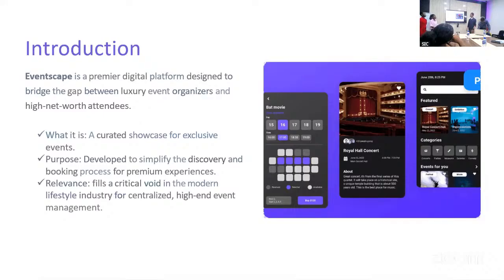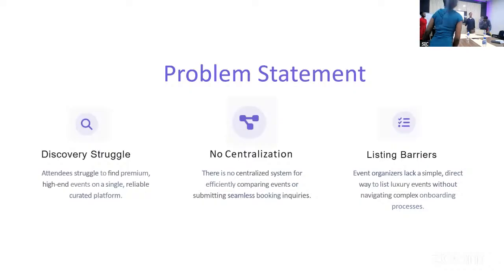Our user experience simplifies discovering and booking events. You don't need somebody to teach you how to use the platform. Everything is designed to make you understand how to use it. The relevance is that it is critical to the modern lifestyle industry for centralized management. It's trying to move away from generic ways of promoting events.